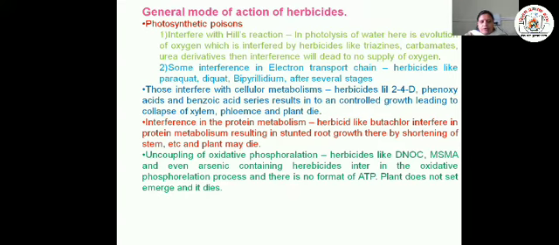Uncoupling of oxidative phosphorylation: herbicides like DNOC, MSMA, even arsenic-containing herbicides enter the oxidative phosphorylation process, and there is no formation of ATP. The plant does not emerge and it dies. Are you getting this? This is the general mode of action of herbicides. In this way also we can kill the weed.